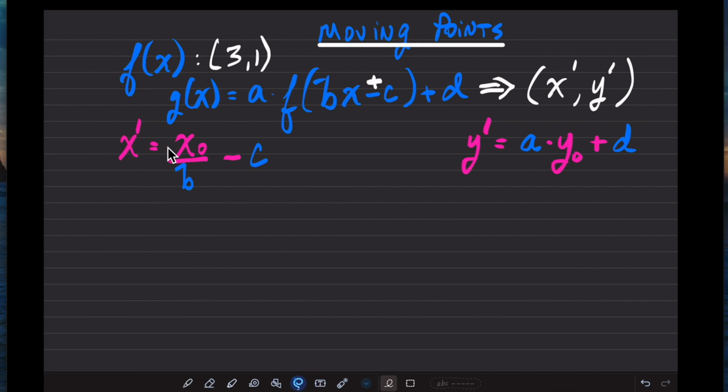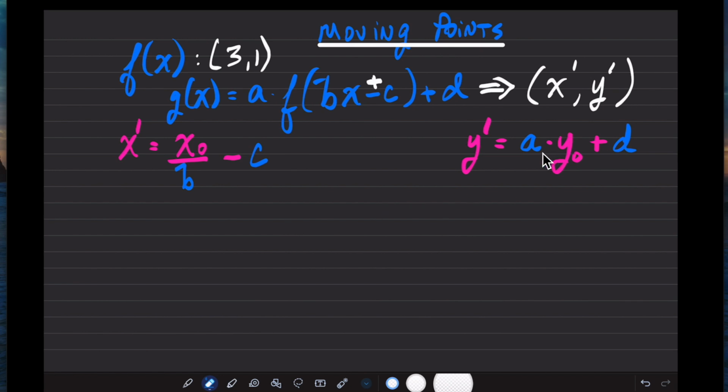The new x is going to be x original, so in this case that would be the 3, divided by the b value, and then the opposite of what you see with the c. I've seen this as plus or minus depending on the source, but the important sign is this one here. That means whatever you see in those parentheses, you're going to do the opposite. And we'll see plenty of examples, and that will become clear.